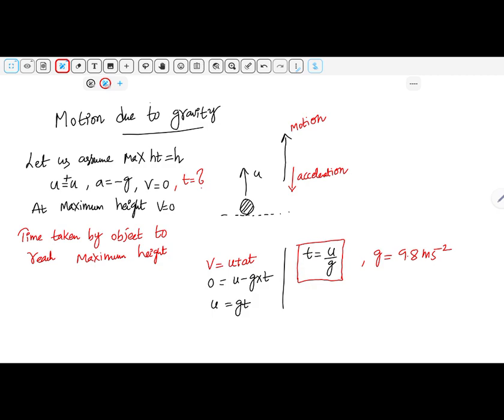It is a constant value. But the time taken by the object to reach the maximum height, we call this the time of ascent. So the time of ascent is given by u by g. In this way, we can find the first parameter, which is the time taken by the object to reach the maximum height.